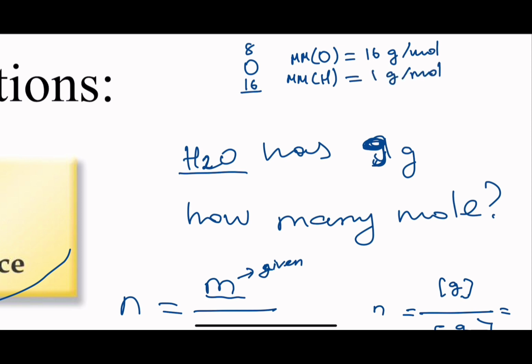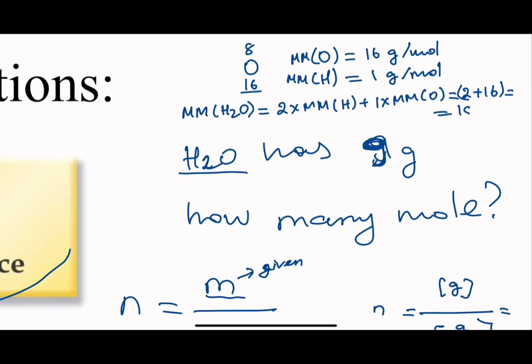But because water is a molecule made out of hydrogen and oxygen, we are going to write the molar mass of water like this. Because I have 2 hydrogens, it will be 2 times the molar mass of hydrogen plus 1 time the molar mass of oxygen, which will be 2 plus 16, altogether 18 gram per mole.